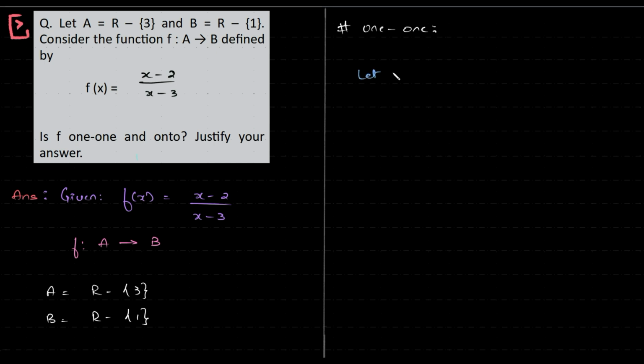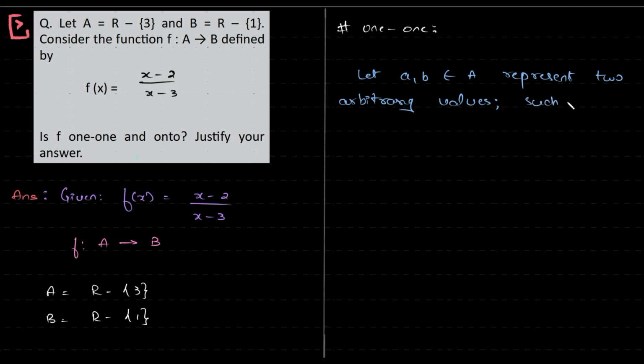Let a, b belong to set A, representing two arbitrary elements. What are we trying to do? We are trying to show that for two different input values, we have the same output value.